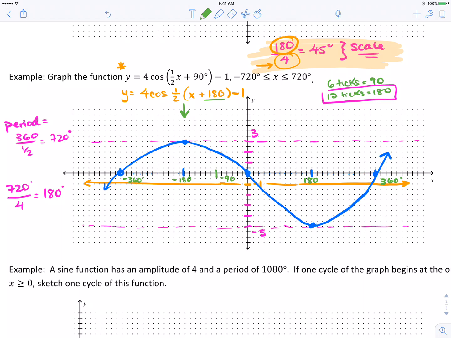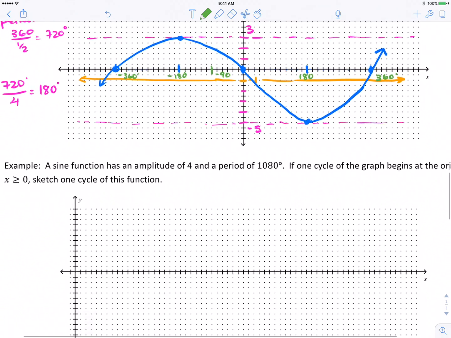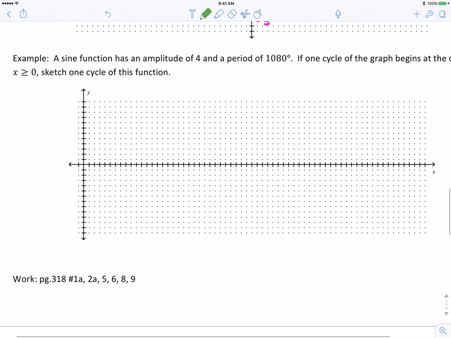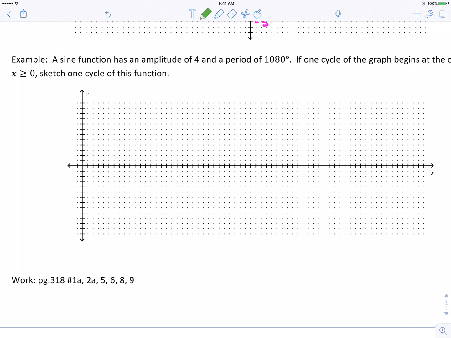We're going to go on and sketch one more graph. It's a sine function, but this is given to us in words. It has an amplitude of 4 and a period of this. Okay, well, I need a scale. So the first thing I'm going to do to get my scale, remember, period divided by 4.